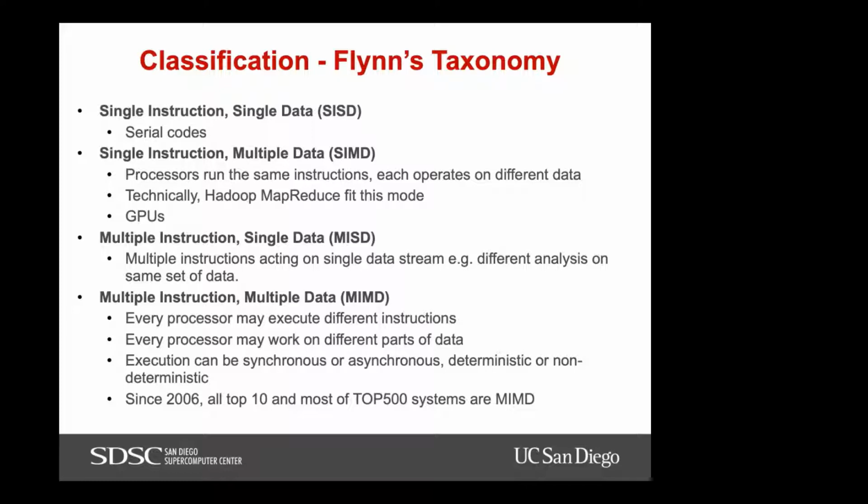And then multiple instruction, single data, and multiple instruction, multiple data, which is the most common thing. So every processor might execute different instructions, and every processor might work on different parts of data. And you can have this be synchronous or asynchronous, and sometimes it's not even deterministic. And most of the big systems are in this category right now.